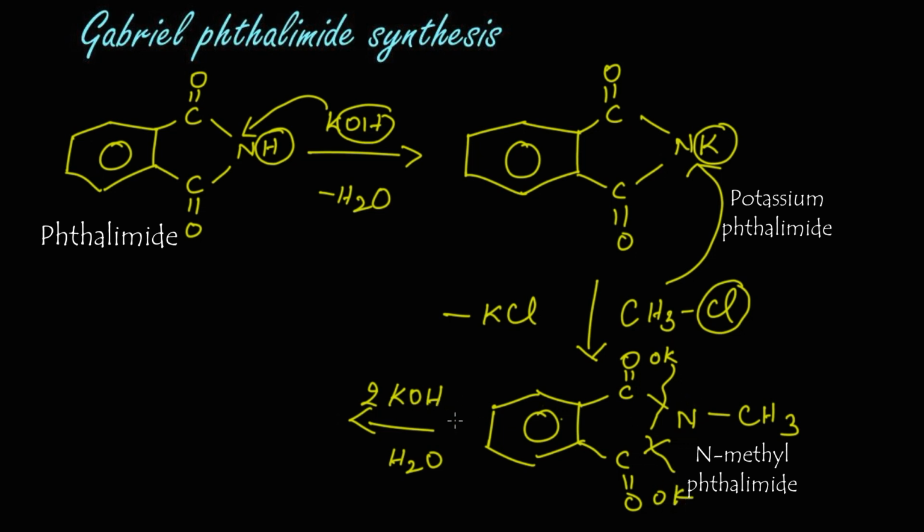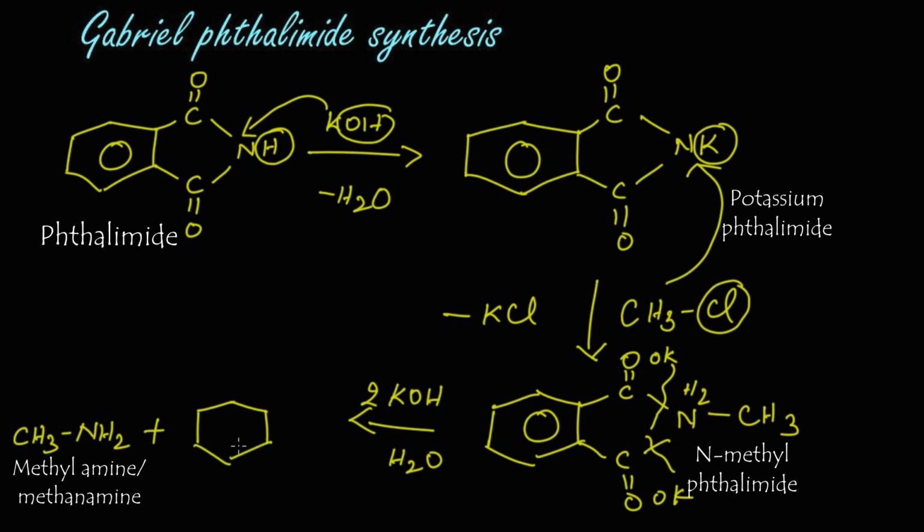And the remaining H2 from 2 molecules of KOH will get attached to this nitrogen. So we get CH3NH2, which is known as methylamine, a primary amine. The remaining part on the benzene ring is COOK, here COOK, which is known as potassium phthalate.